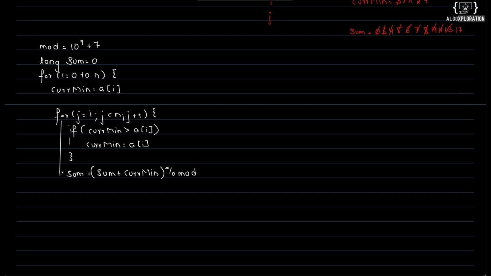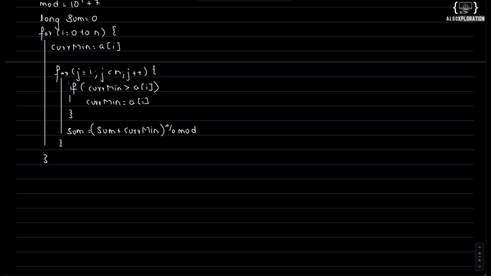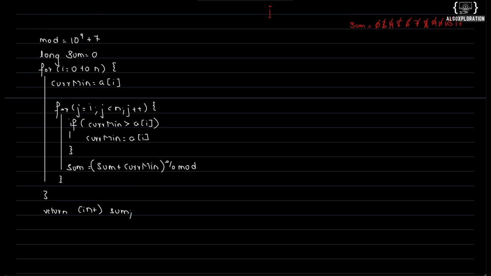So at the last, we need to return the sum. Now see, the data type of this sum is long, so we need to convert it into an integer. So for return, we are typecasting it into int.